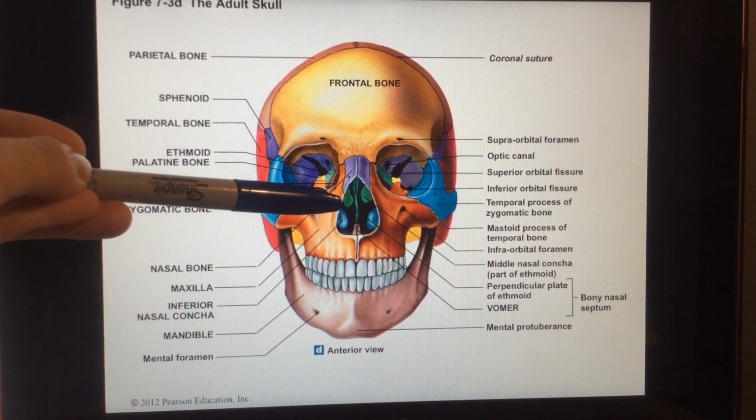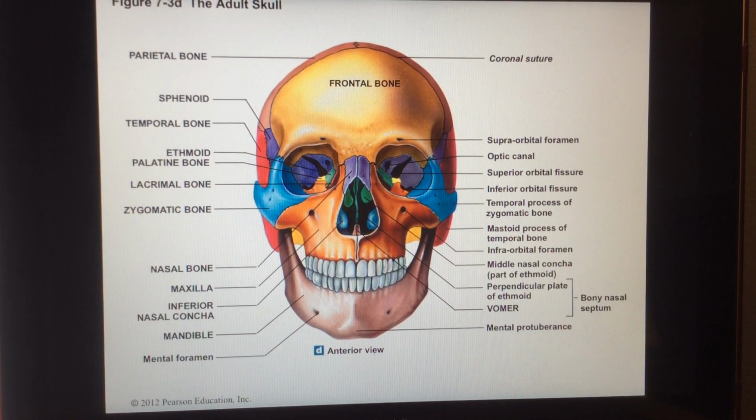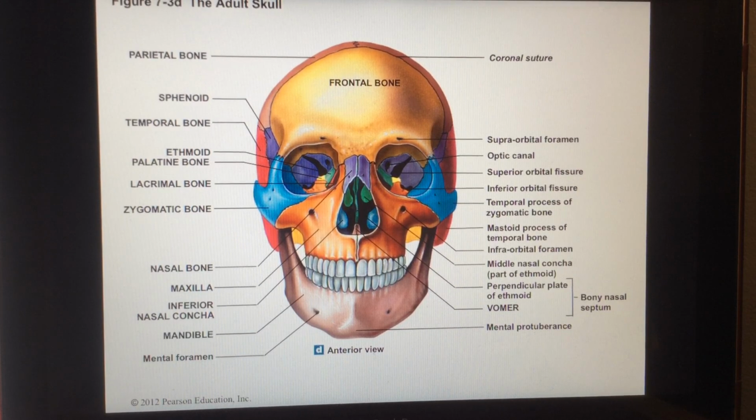And then the inferior nasal concha, you can see it in the colorized version. You don't really see it that well in the plastic skulls. So just kind of take your time and look at those features on both. I think it's best to look at the colorized version first and then look at the non-colorized version and kind of quiz yourself there.